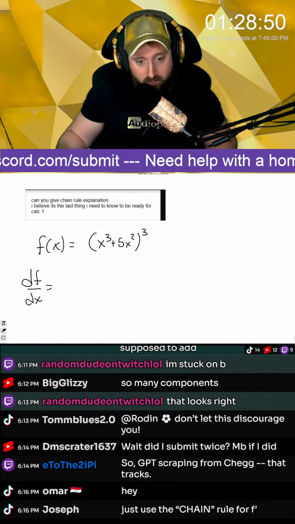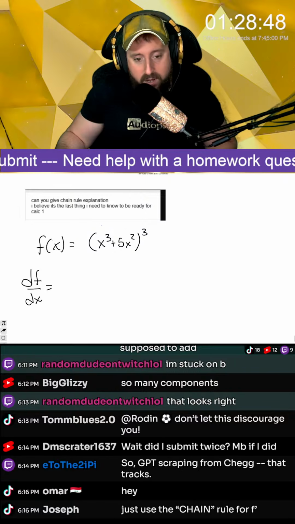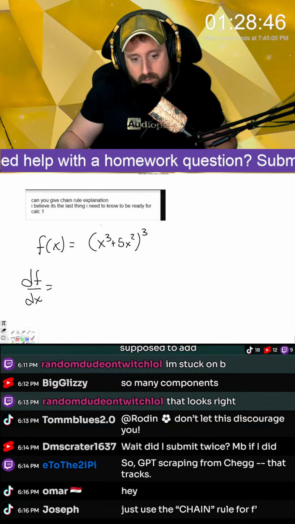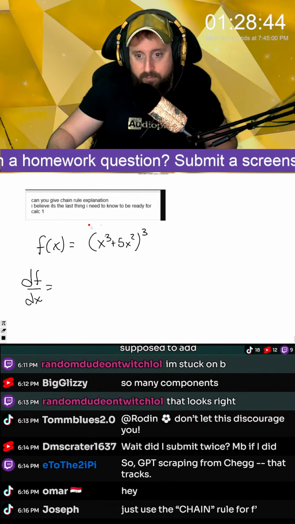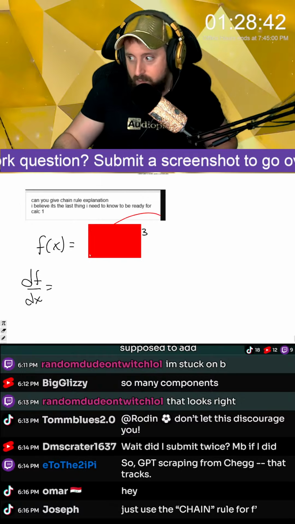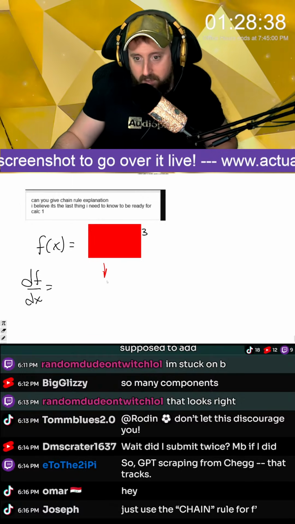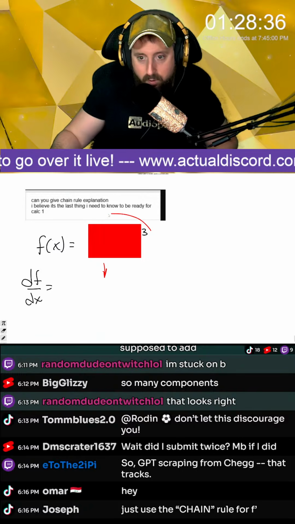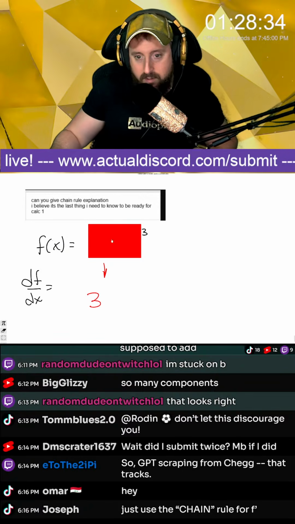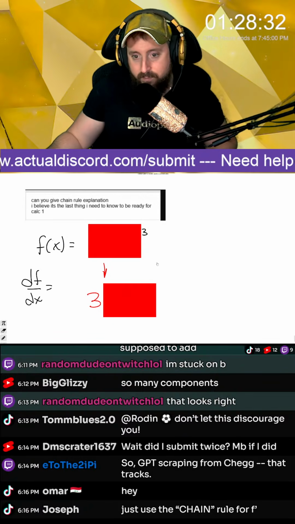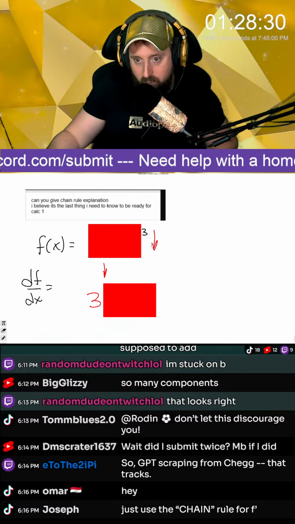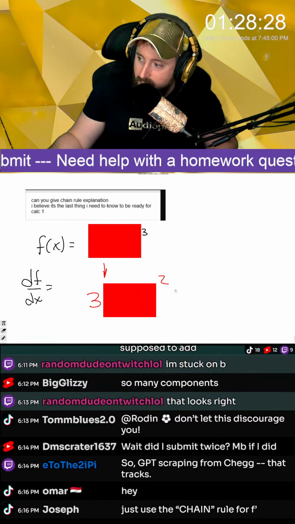So a better way to do this is to say, hey, wait a minute. I know what the derivative of something to the third is, right? I know what that is. That's the same thing as pulling the exponent down, 3 times that something, and then moving the exponent down 1 to the second. Okay?